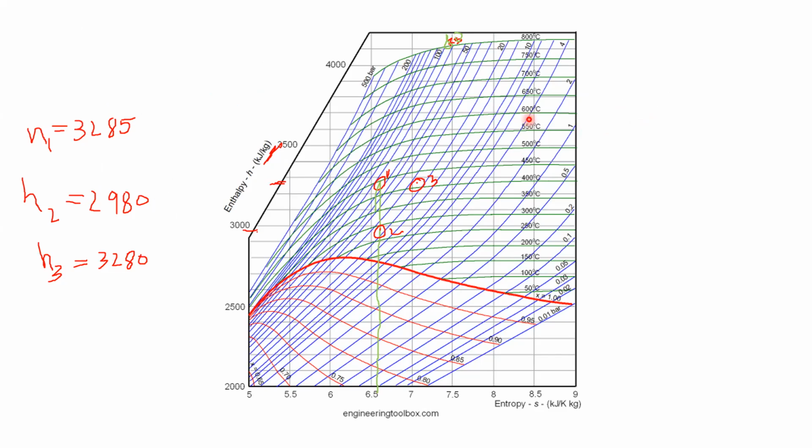For this, at 10 bar, if you draw a straight line here, that will give you the isentropic process on this enthalpy chart. I'm just drawing the straight line here. Sorry, wait a second.